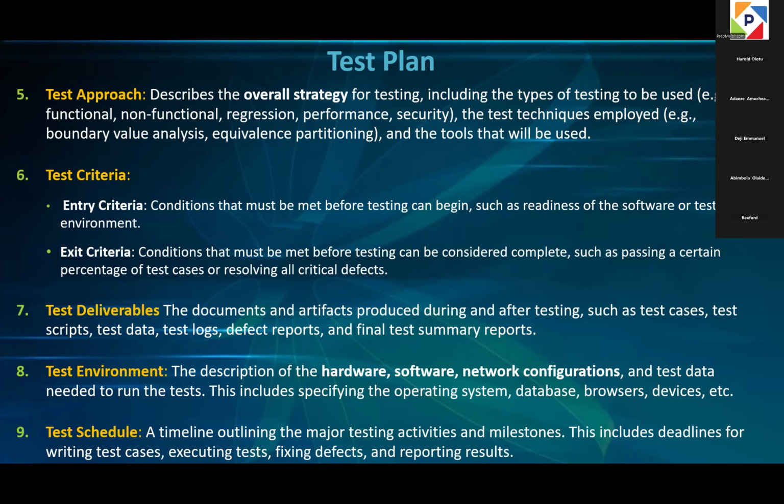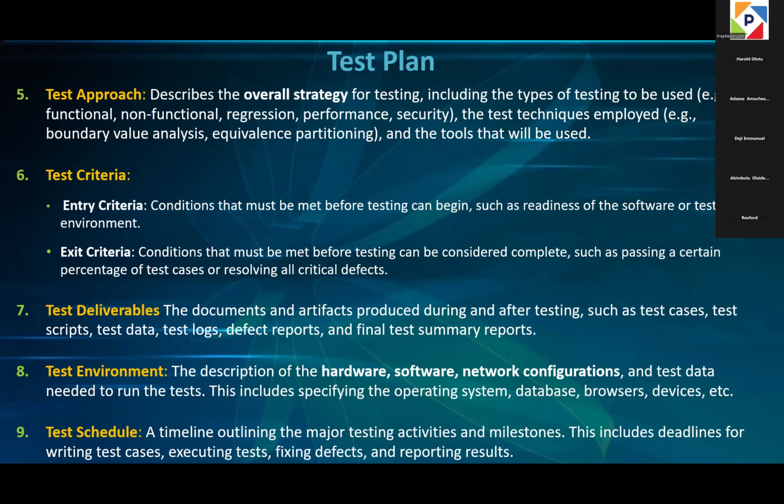Of course, the test environment is one of the components of the test plan, which is the description of the hardware, software, network configurations, and test data needed to run the test. This includes specifying the operating system, the database, the browsers, the devices, and other important test environments that will be involved. Then I'll have the test schedule.